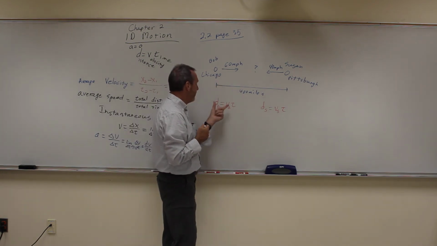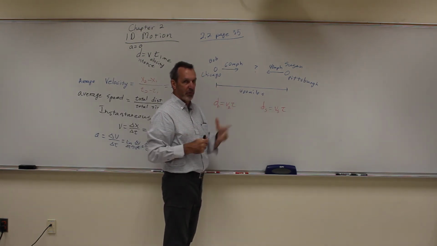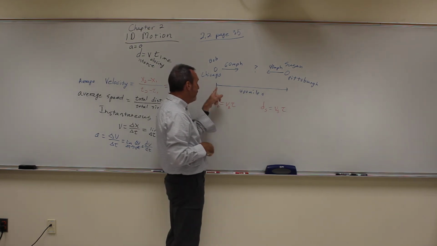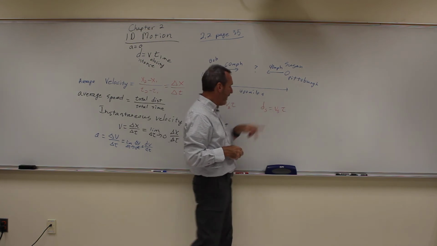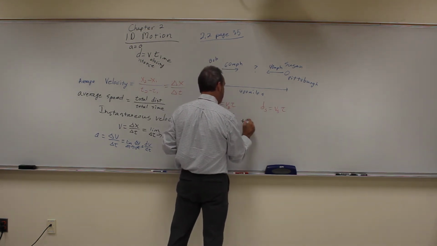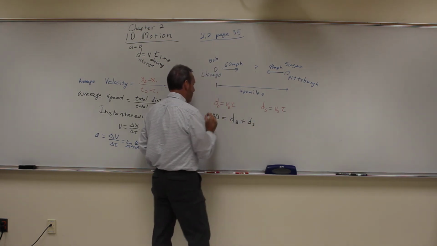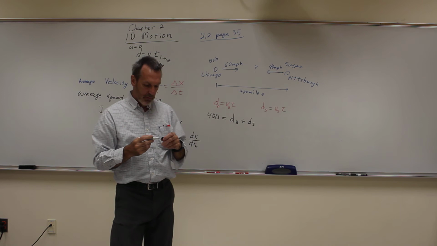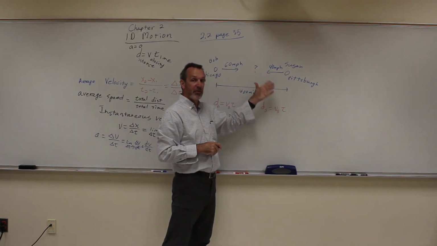We know the velocity, we don't know the distances, and we don't know the time, so we can't solve those. However, we do know that the total distance is 400 miles. So we can say that the distance Bob travels plus the distance Susan travels has to equal 400 miles. Because whatever Bob goes, Susan has to go the rest, and the total has to equal 400.